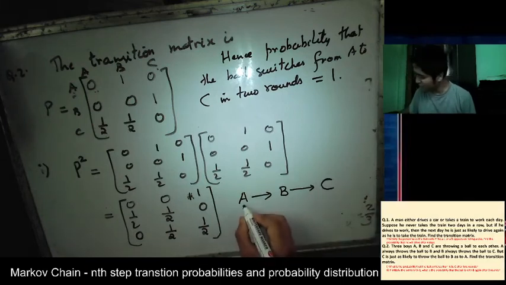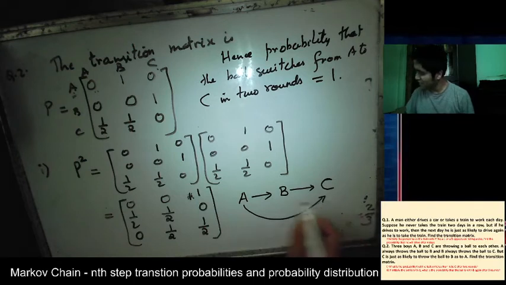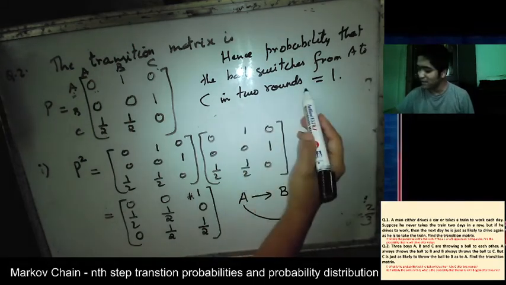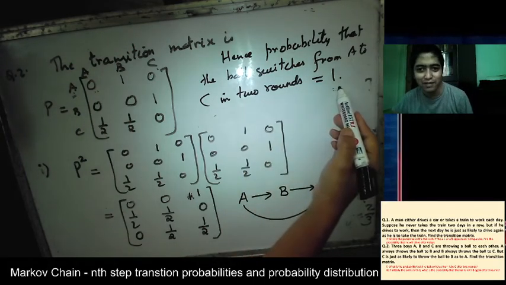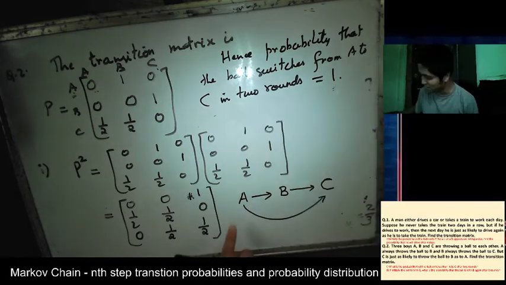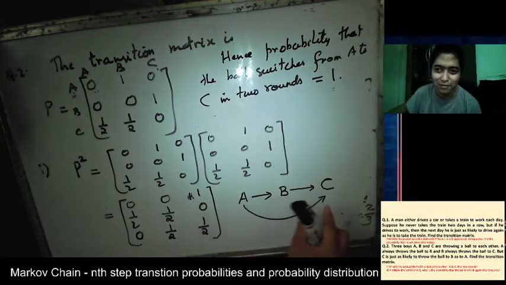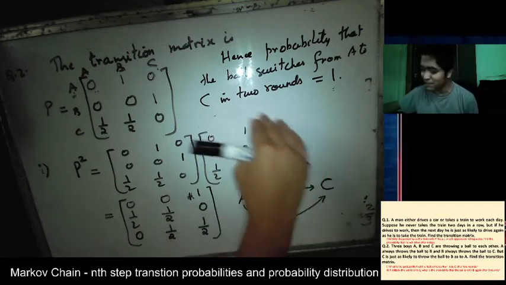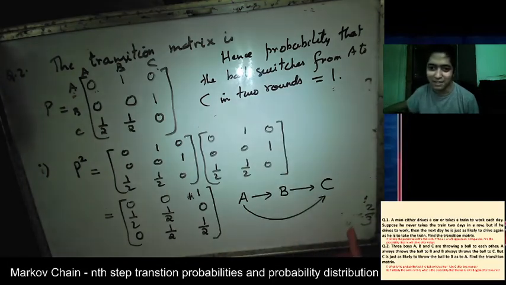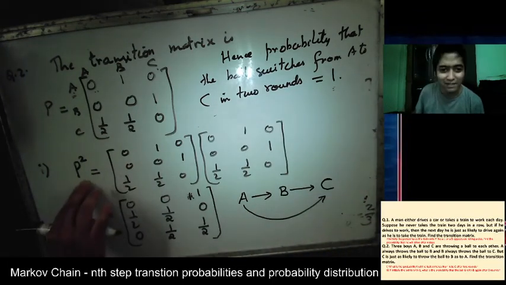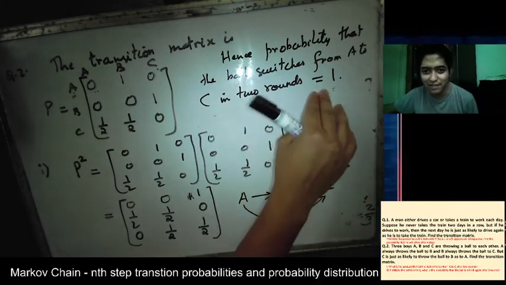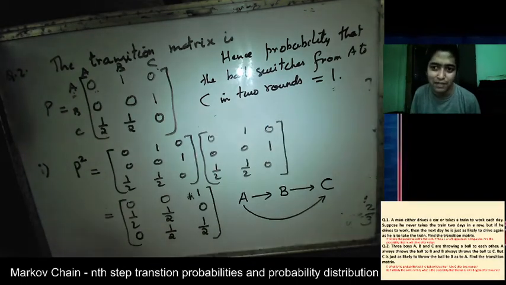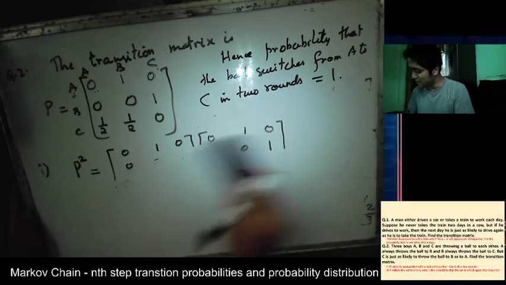So after 2 rounds, from A to C, it is guaranteed because we have probability 1, which can also be seen logically just by doing something like this. But if it is 5-6 rounds, doing it like this may be complicated. That is why finding the power of the matrix and then finding the probability will be easier. So that is about question number 1.